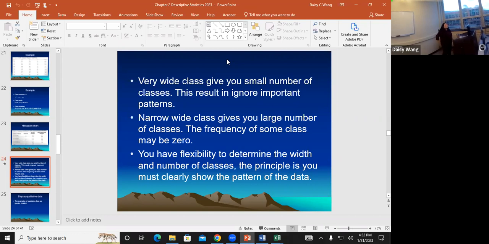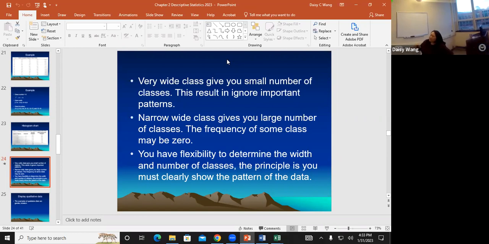But if we narrow the classes, it will give us a larger number of classes. Like if we do 0 to 1, 1 to 2, 2 to 3, then it will give us 17 different classes. So some categories might have 0 in them. That's why this is something to help us understand and summarize the data.